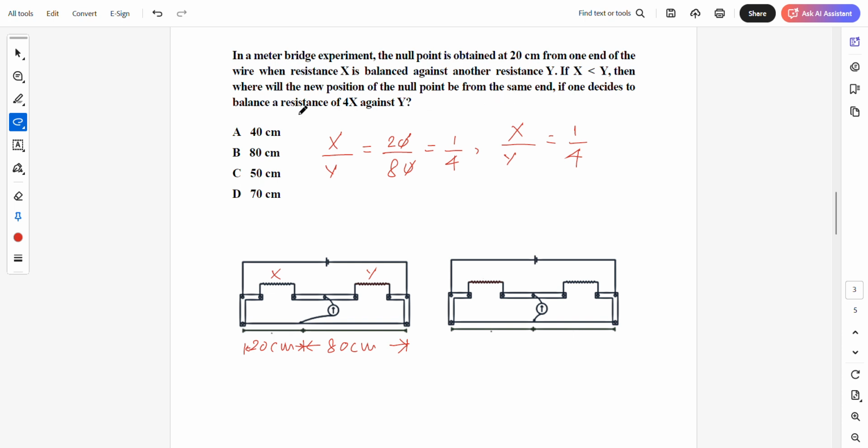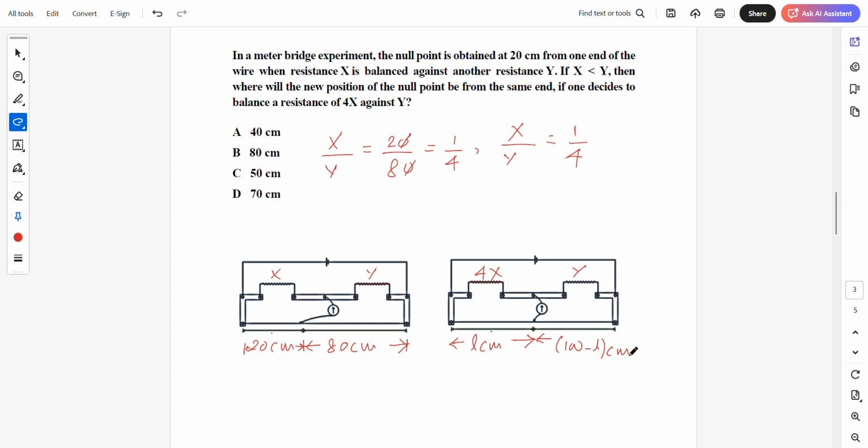If one decides to balance the resistance of 4X, what happens if the resistance is increased? This length will be L. The total is 100 centimeter, so this will be 100 minus L centimeter.